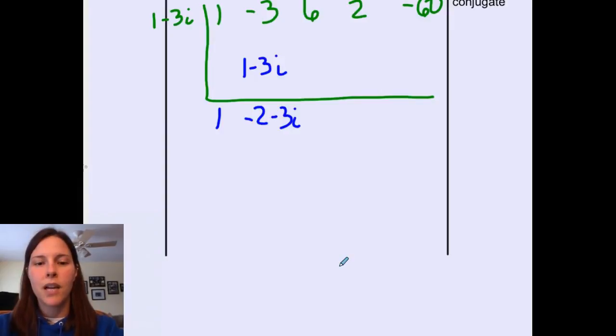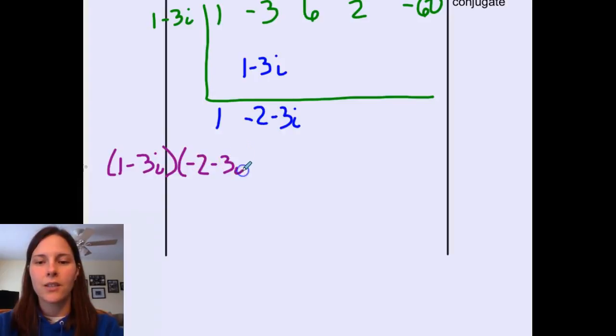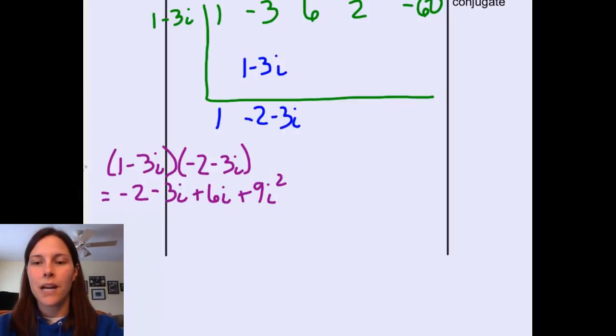Now when I multiply my 1 minus 3i, my zero, by the result that I got when I added, -2 minus 3i, I will need to FOIL. 1 times -2, 1 times -3i, -3i times -2, and -3i times -3i. I'm going to combine my like terms and write the result under my 6, which is the next piece in my synthetic division that I will have to add to.